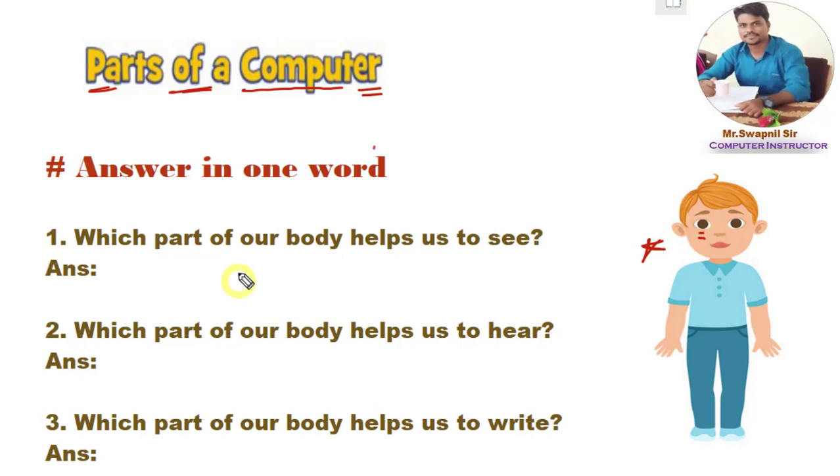Obviously eyes. Then next question: which part of our body helps us to hear? Answer is ear. Then next question: which part of our body helps us to write? Answer is hand.